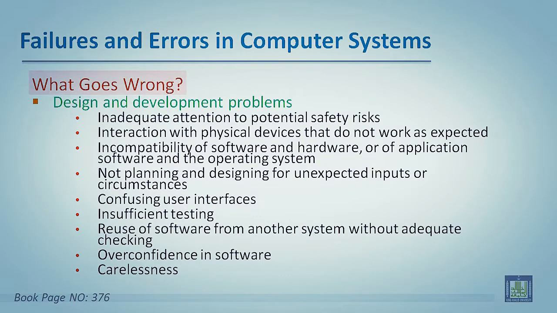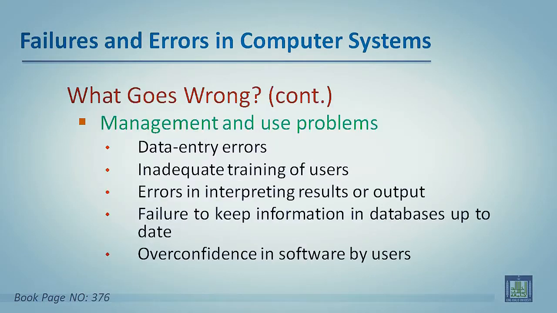Also, there are some issues regarding design and development, such as inadequate attention to potential safety risks, interaction with physical devices that do not work as expected, incompatibility of software and hardware, no planning or designing for unexpected input or circumstances, confusing user interfaces, insufficient testing, reuse of software from another system without adequate checking, overconfidence in software, and carelessness. All of this was regarding design and development.